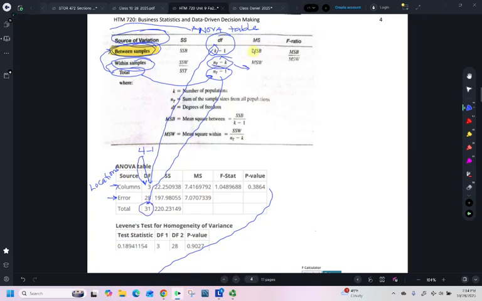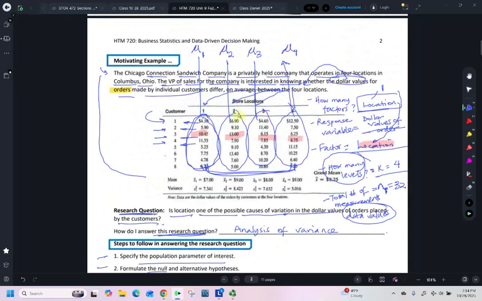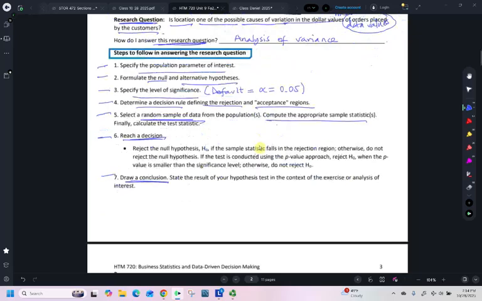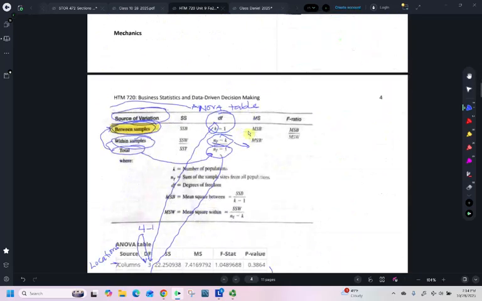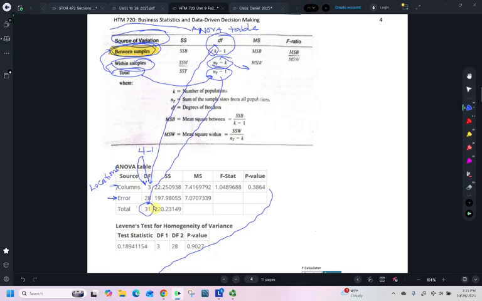We have 32 of them, 8 times 4. 32 minus 1 gives us the degree of freedom for the total, so you have 31 there. And now indirectly for error, since total is 31 and the degree of freedom for location is 3, 31 minus 3 gives us 28.